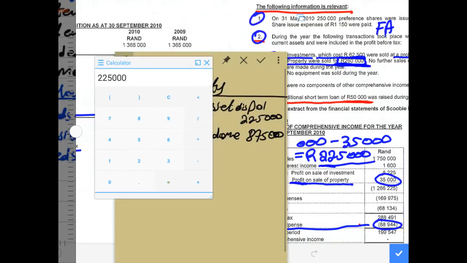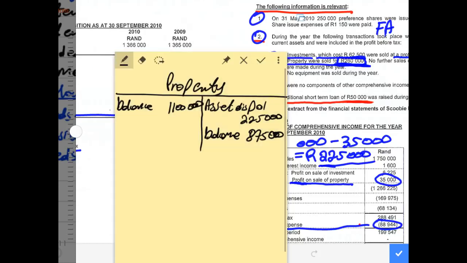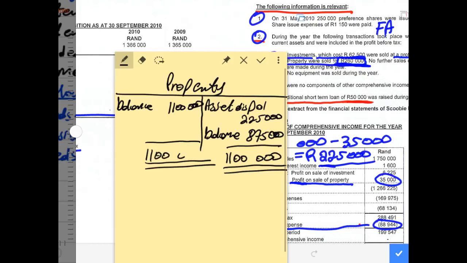Then we say 225,000 plus 875,000 rands gives us how much? 1,100,000 rands. That means our debit side equals our credit side. Because on the debit side, we have 1,100,000, and on the credit side, the total is 1,100,000.